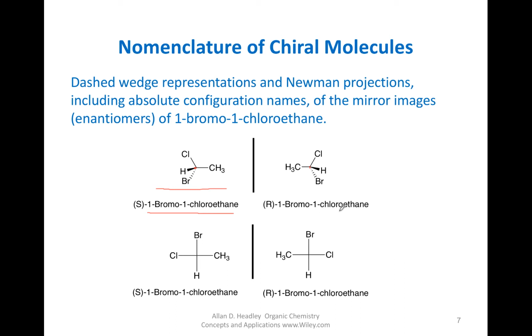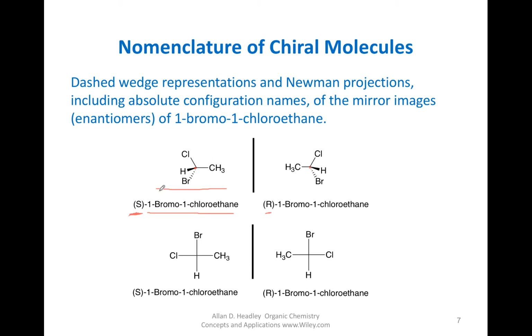But we know that they are different, so they have to have different names. So using the absolute configuration, or another way of stating that is using the R and S assignment, you can see that this will be S-1-bromo-1-chloroethane, and this will be R. So this is a way of giving specific names to enantiomers.